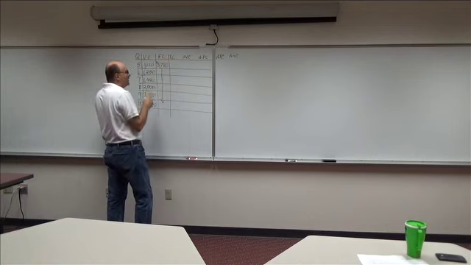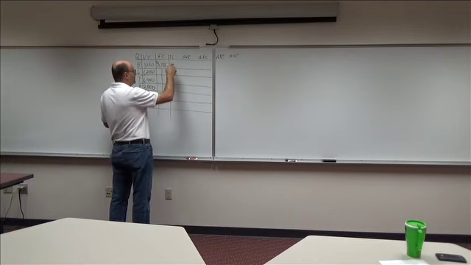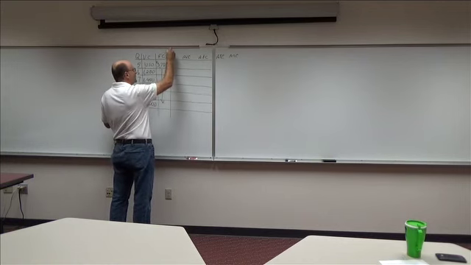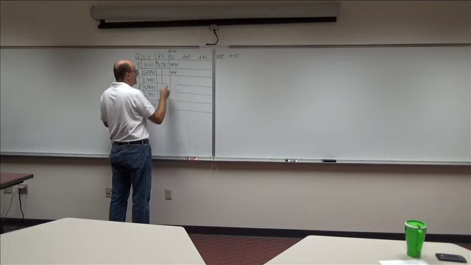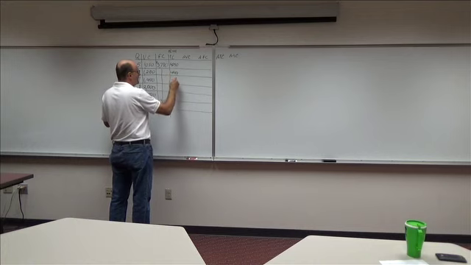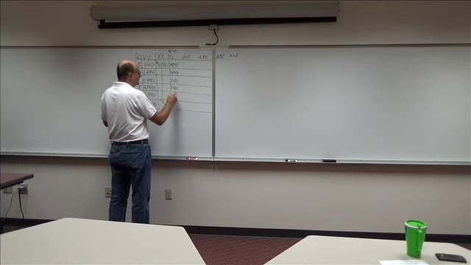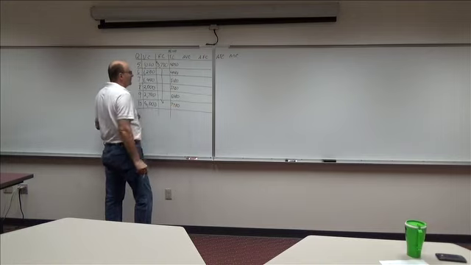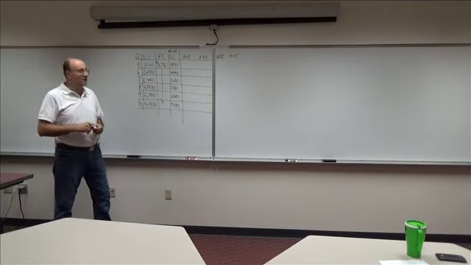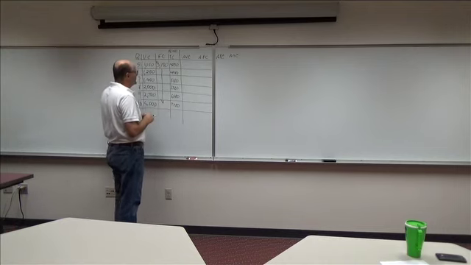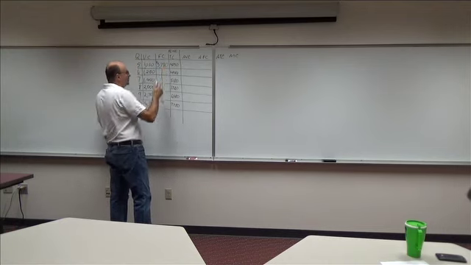Starting with quantity 5, total cost. 4830, 4980, 5180, 5780, 6480, 7780. Very good. Make sense? You add fixed and variable cost together to find the total cost.